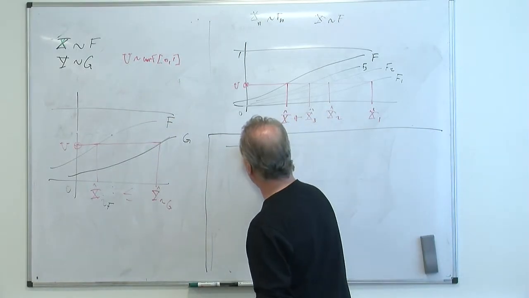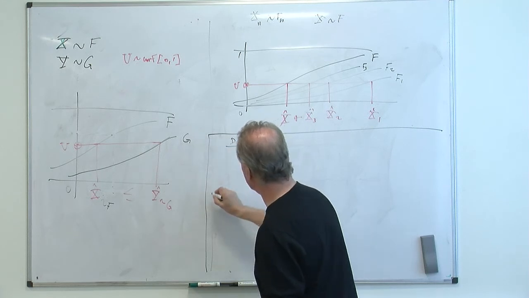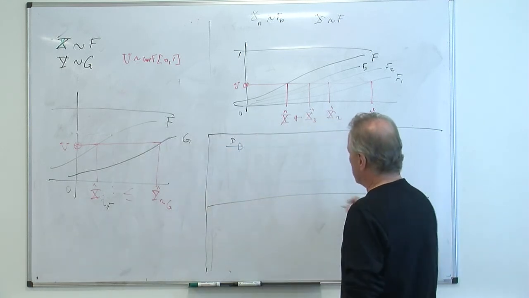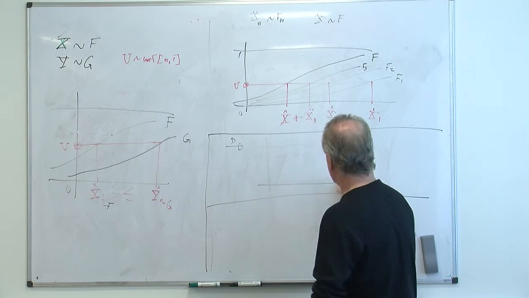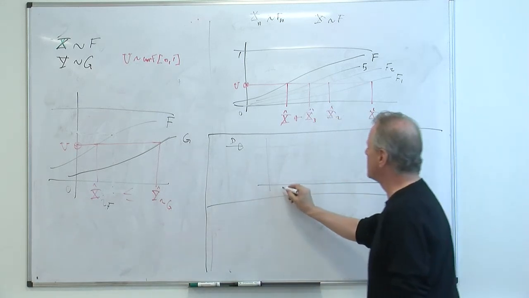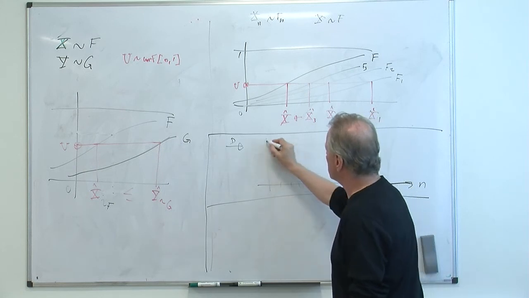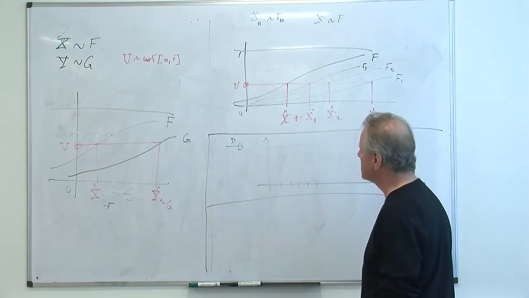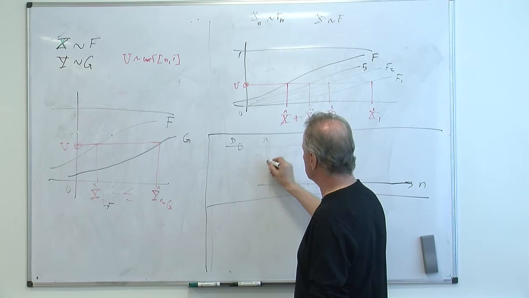So, okay, so here we have convergence in distribution, and this is what happens in that case. This is the n-axis, and this is the real line, and here is the limit.